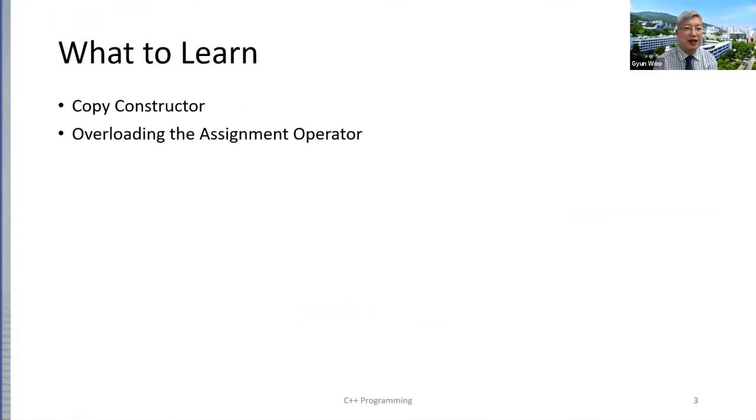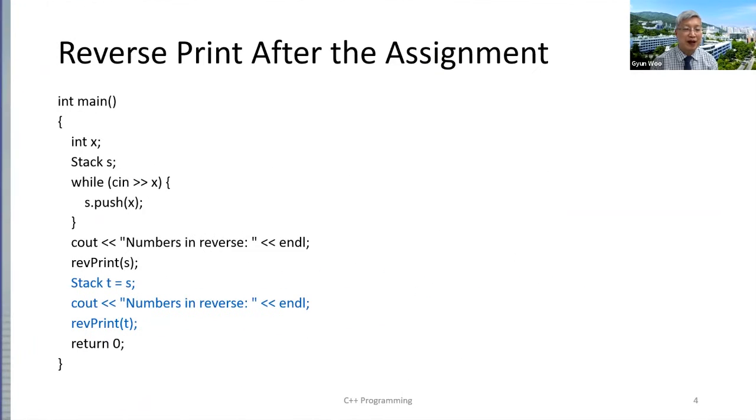What you learned today is the importance of the copy constructor and the assignment operator. So reverse print after the assignment. You'd like to print them twice, so you added stack T and reverse print numbers. It is assigned using this, but you know that this is not an assignment. It is called initialization.